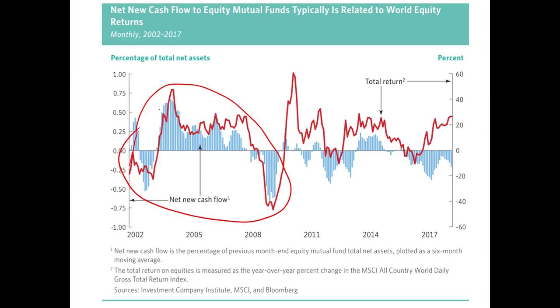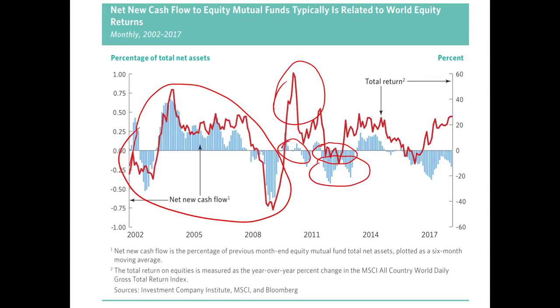Then there's a bit of either a lagged effect or not as pronounced one way or another. Here the market is way up, but not a lot of new money into the stock market. Here, the stock market goes down, a lot of outflows.